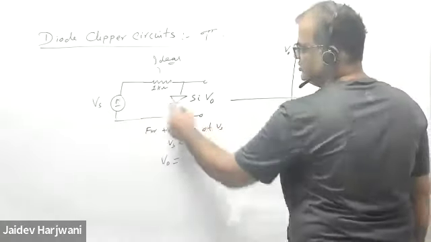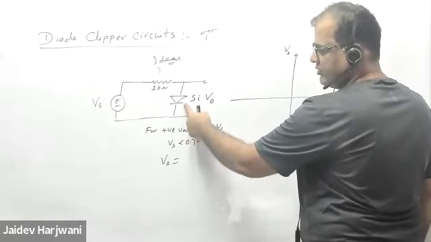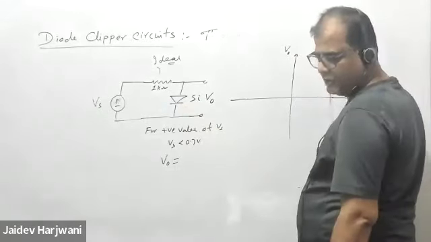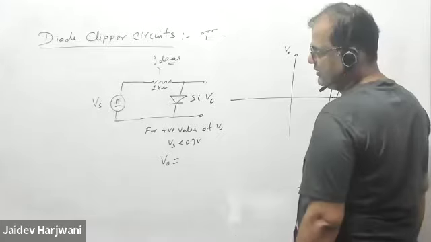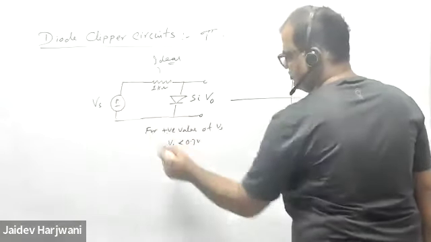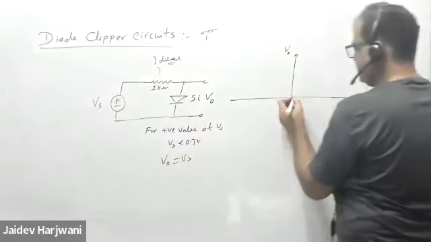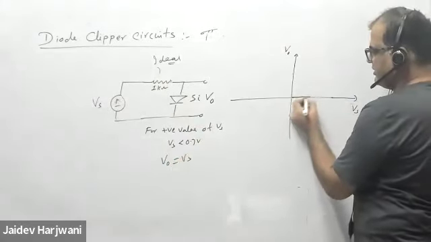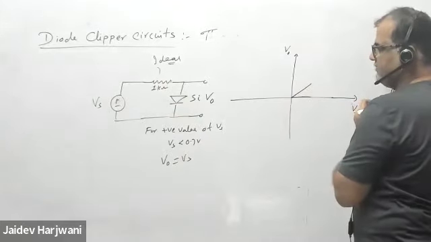If my Vs is less than 0.7, is the diode open or closed? It is open. In that case no current is flowing, so V naught will be Vs. Up to 0.7 volt, this curve will be the same as this one.